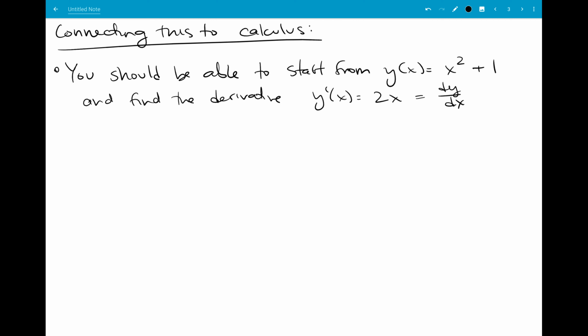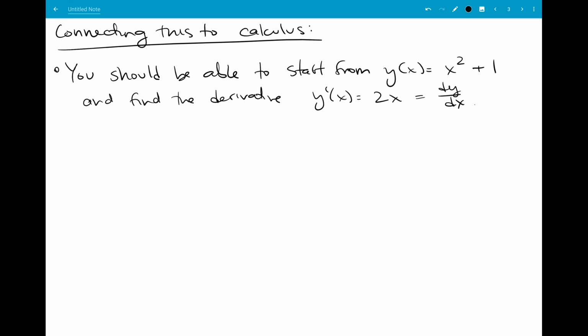And using the notation that's more common for us, that would be dy/dx equal to 2x. So you're very comfortable with this forward direction. Given y, find y prime. And our new way of thinking is always going to be to assume that you're given y prime, or the derivative, and then find y again.